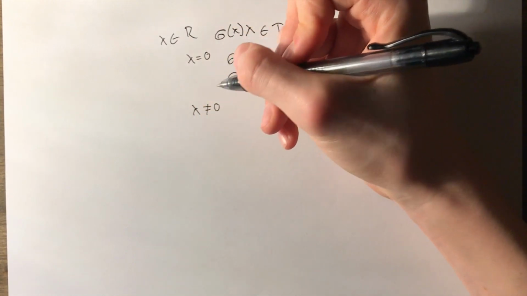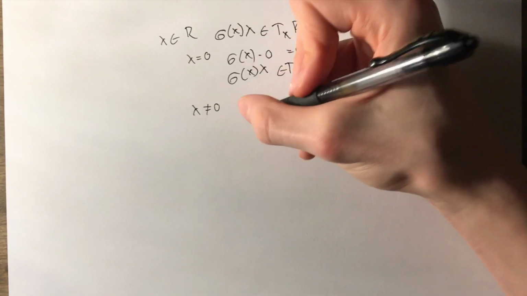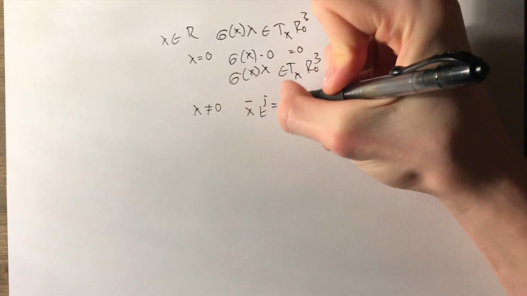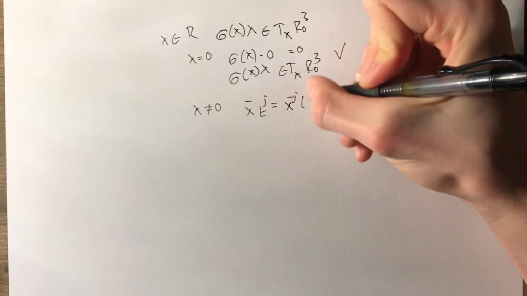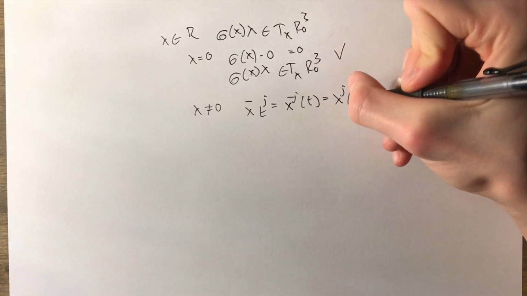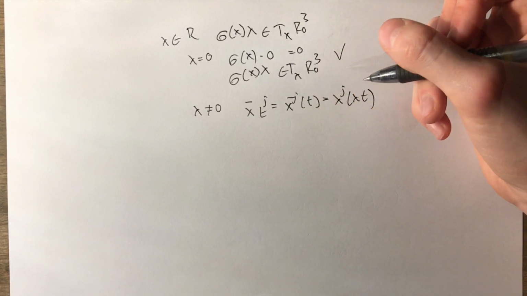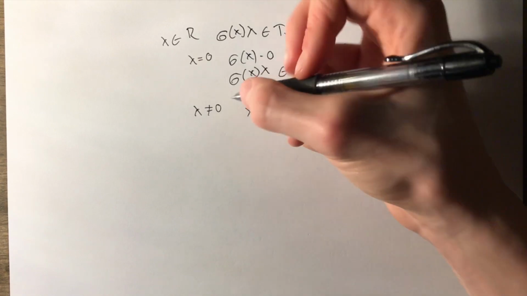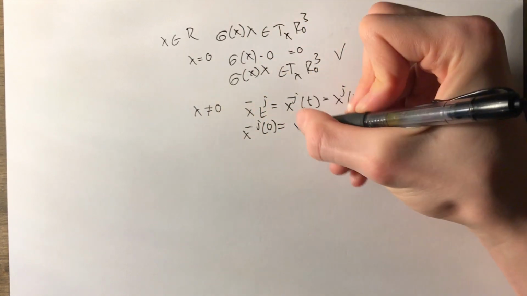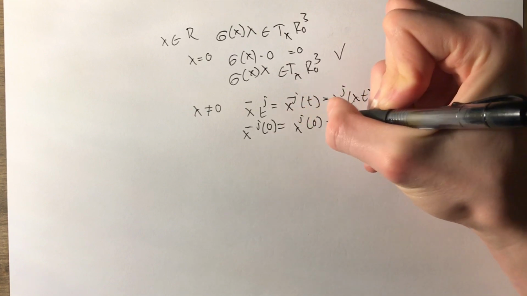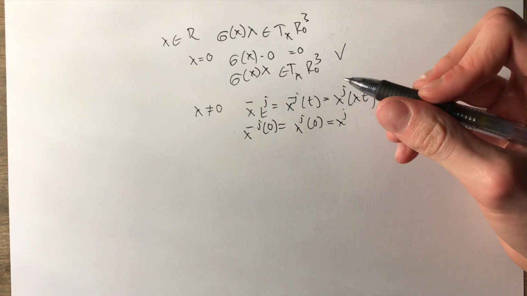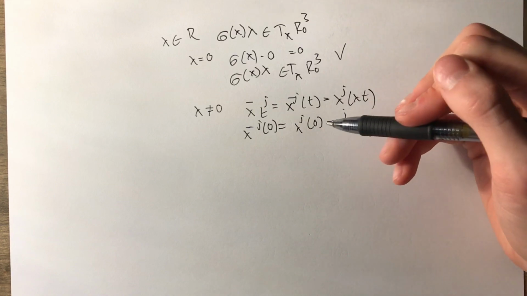And then for lambda not equal to 0, define the curve x bar_t^j equal to x bar j of t equals x_j of lambda t. And this curve passes through x, so x bar j of 0 is equal to x_j of 0 equals x_j. And hence, by definition, its tangent vector at t equals 0 belongs to the tangent space.